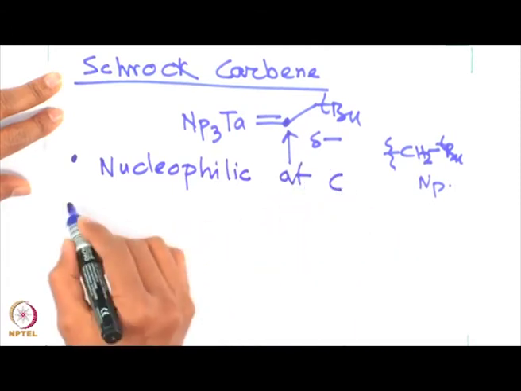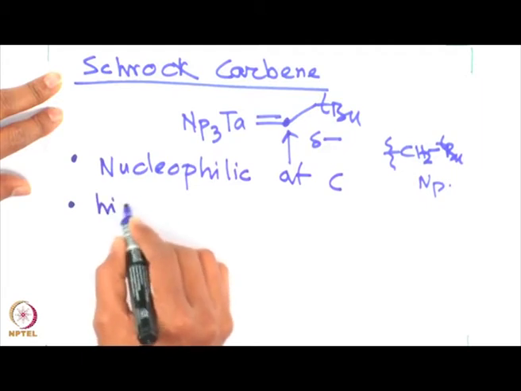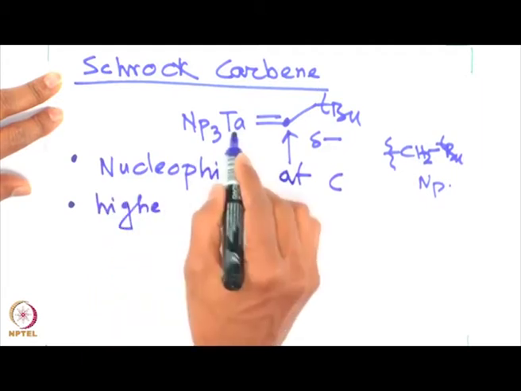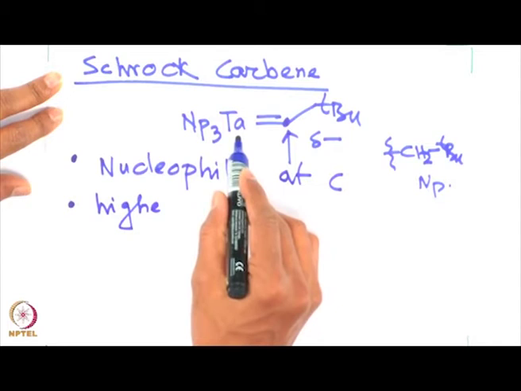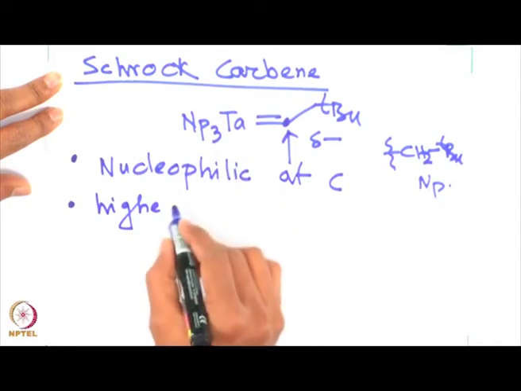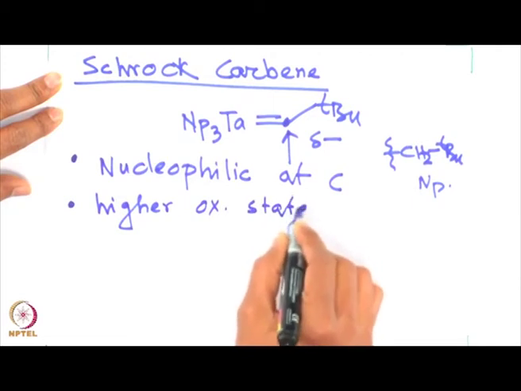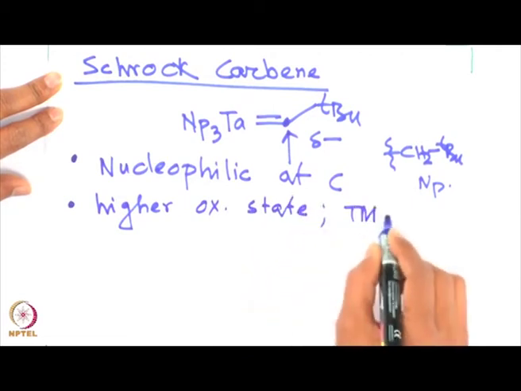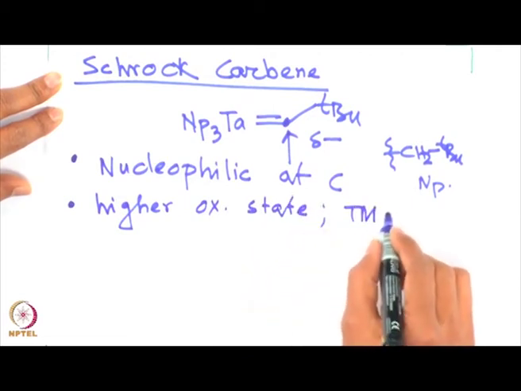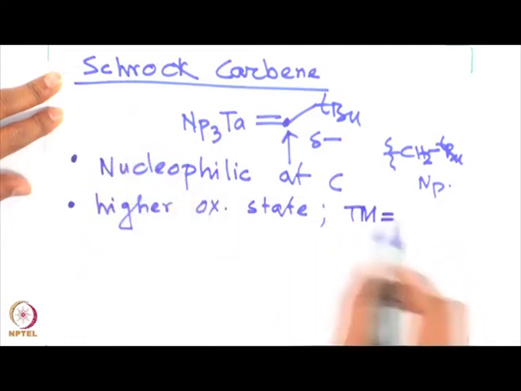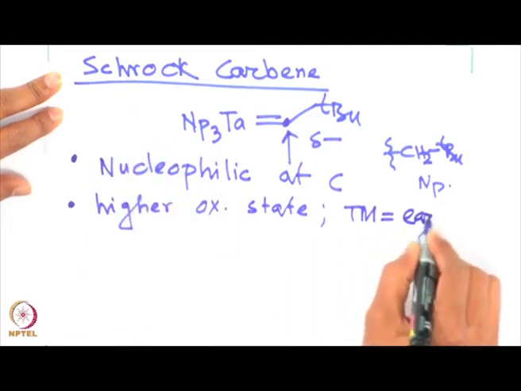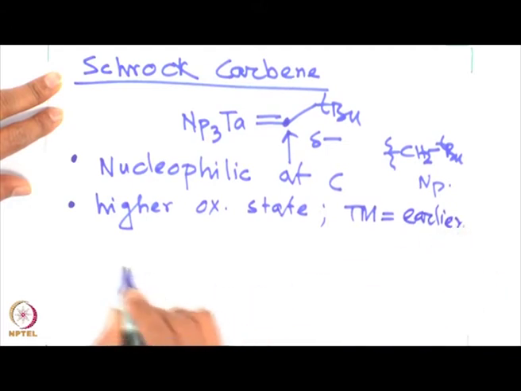Nucleophilic at carbon, and you have a higher oxidation state. Tantalum, as you can see over here, is in the +5 oxidation state. So, higher oxidation state as opposed to Fischer carbene, where usually it is a lower or middle oxidation state. The transition metals in this Schrock carbene are earlier transition metals.